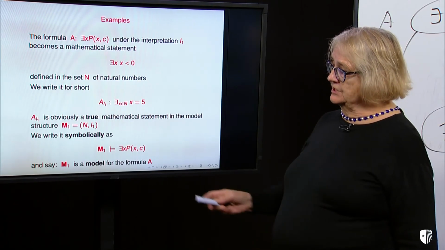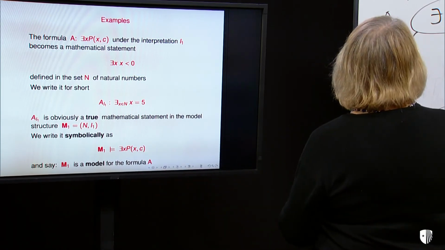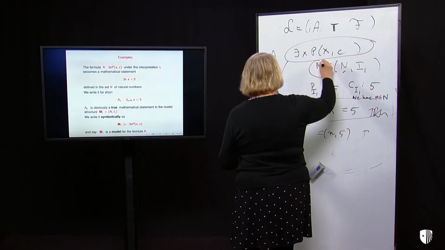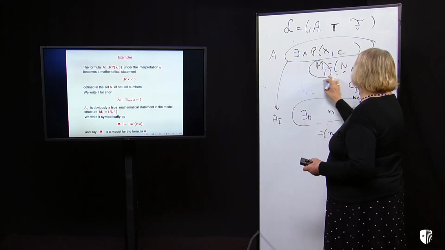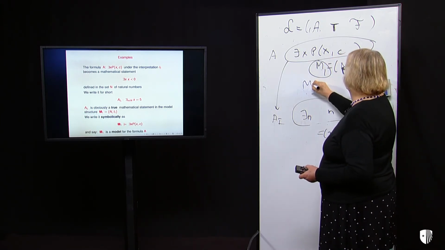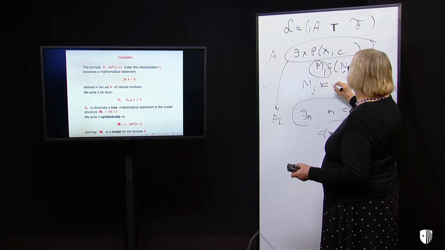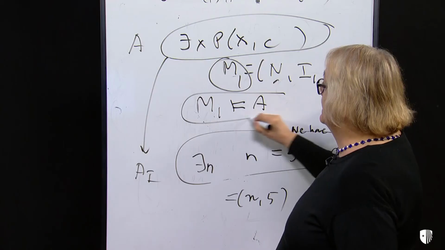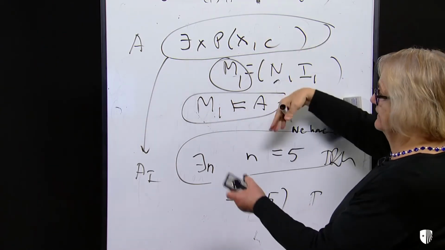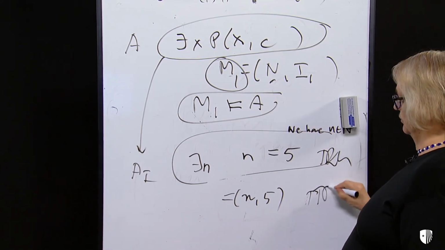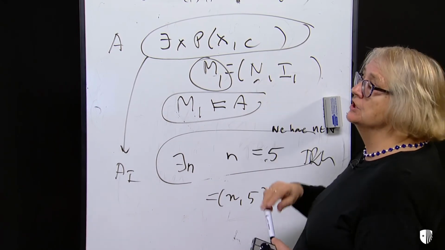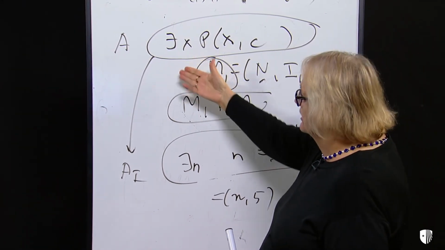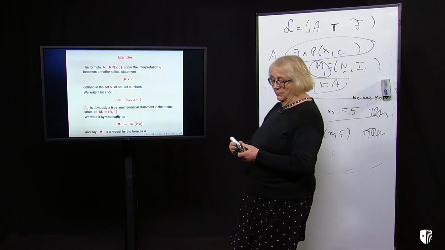So our first structure, M1, you write that this M1 satisfies our formula A, because after this whole interpretation, we got a true statement in that universe. So you say that the structure satisfies the formula.